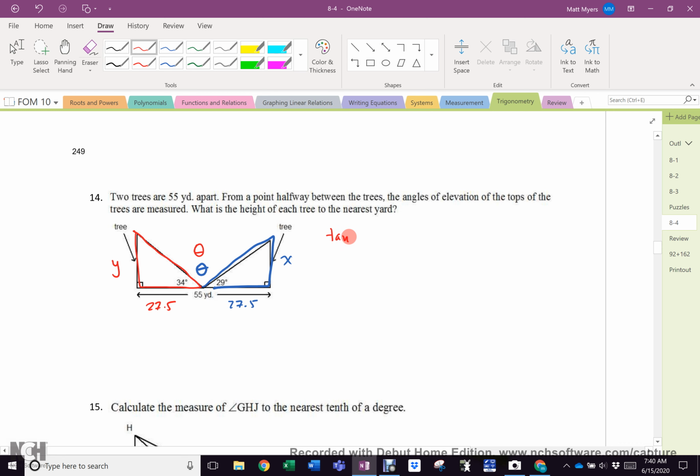So tan of 34 equals y over 27.5, and tan of 29 equals x over 27.5. So of course, 27.5 tan 34 equals y, and 27.5 tan 29 equals x.